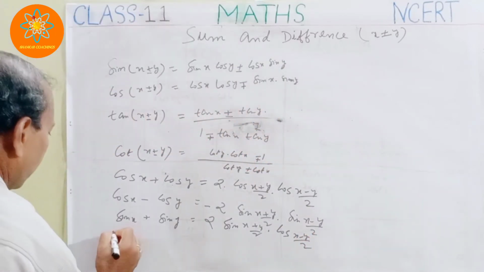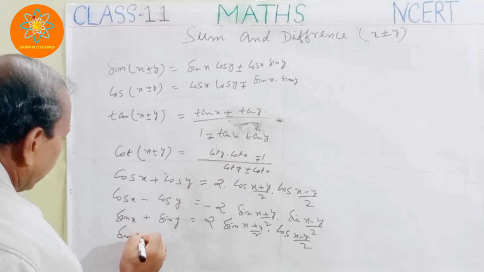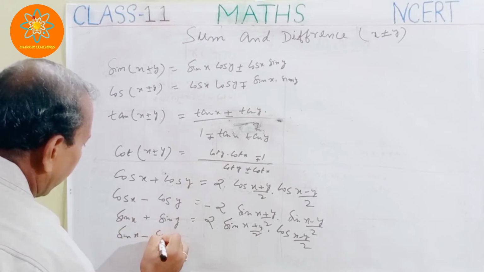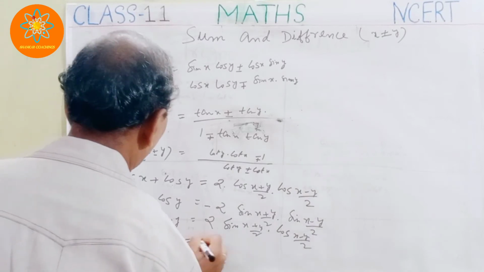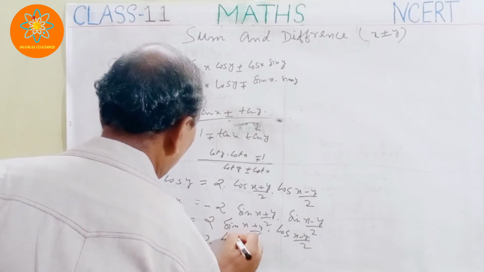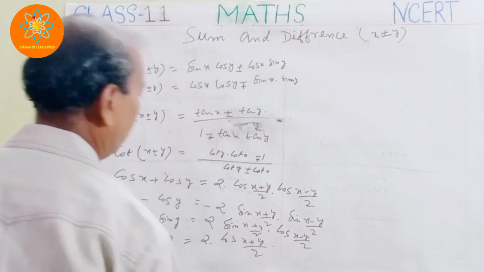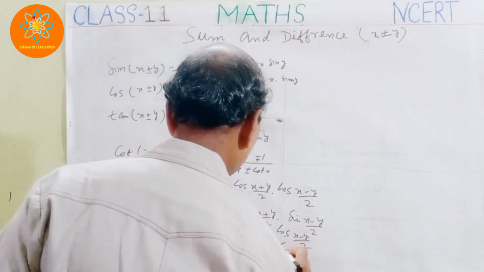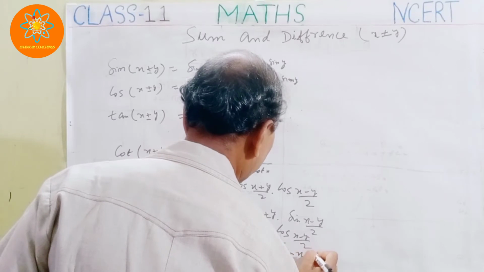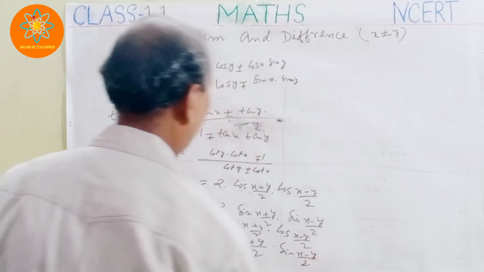And what is the value of sine x minus sine y? This is equal to 2 into cos (x plus y)/2 into sine (x minus y)/2.